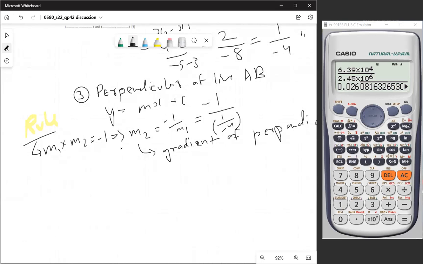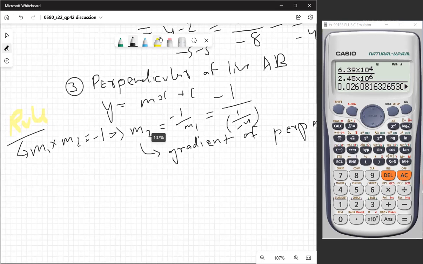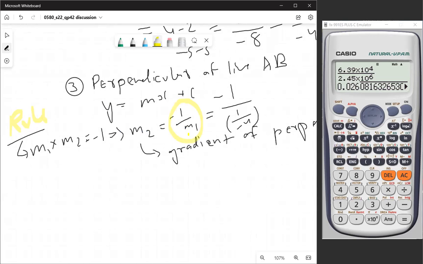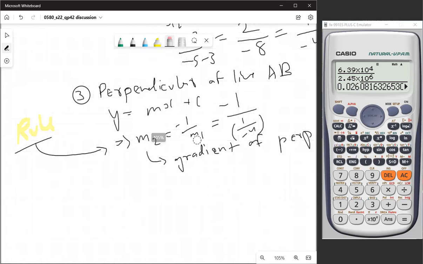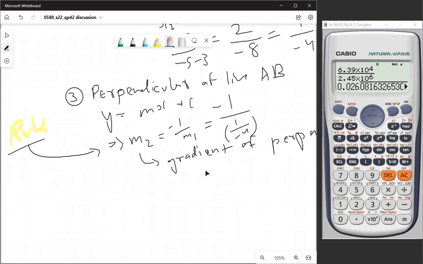Perpendicular bisectors have a negative reciprocal gradient. Exactly, that's what I'm writing here: -1 over M1, which is the negative reciprocal. That's what we have to find. If you take this rule, M1 times M2 is -1, so M2, the gradient of the perpendicular bisector, is -1 over the gradient of the line, M1.